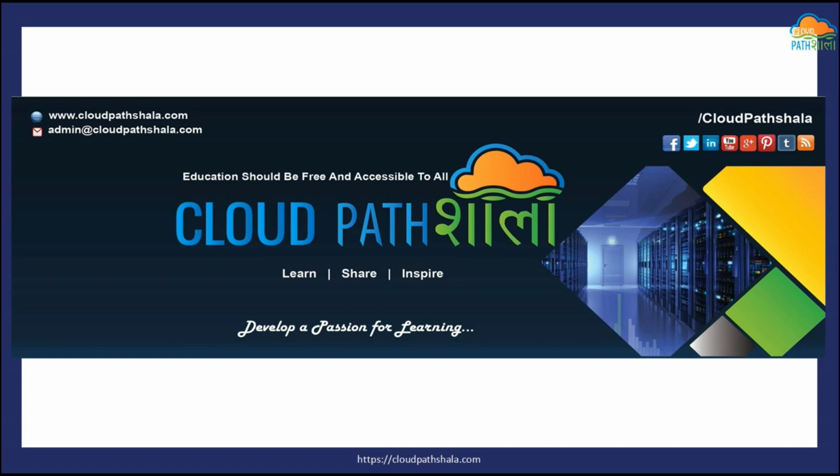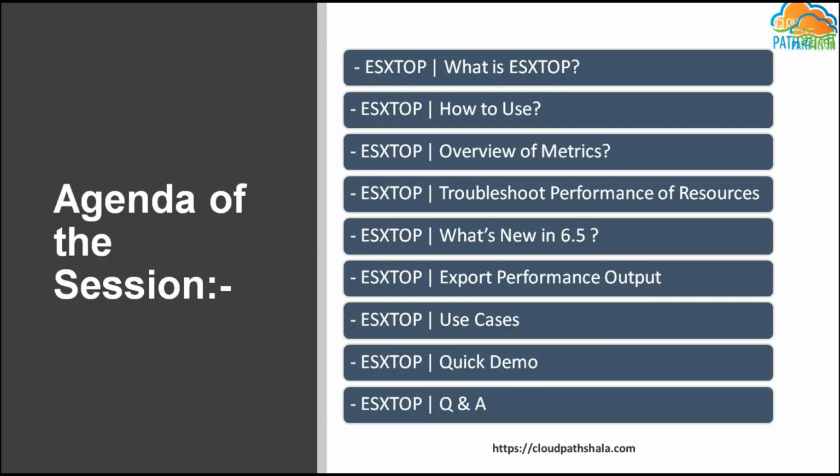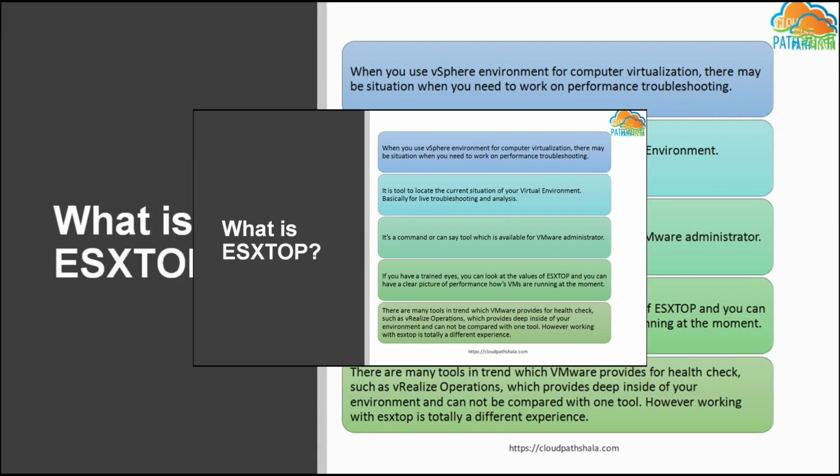Welcome back, everyone. As I indicated, this session is exclusively for ESXTOP, where I'm going to talk about the disk and LUN parameters that you can always check in ESXTOP. Before we move on to the practical session, what is ESXTOP?